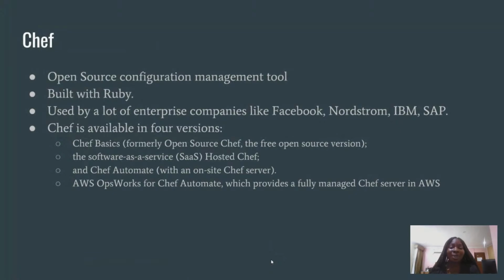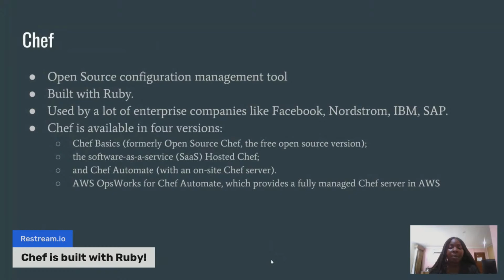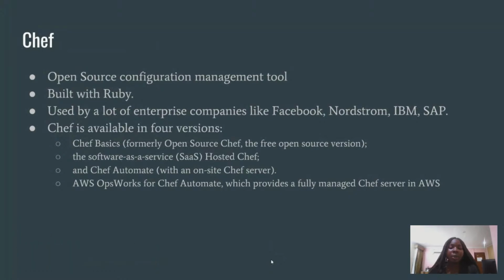I don't know Ruby, but I've used Chef, and it's actually easy to use. It's not so complicated, but the advantage is that if you know Ruby, it's very easy to use Chef. It's used by a lot of enterprise companies: Facebook, Nordstrom, IBM, SAP, a lot of them. So it's quite popular in the ecosystem.